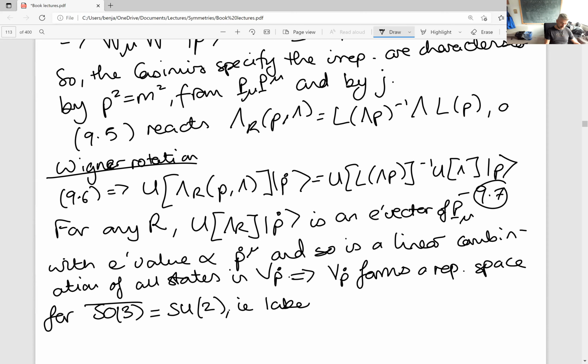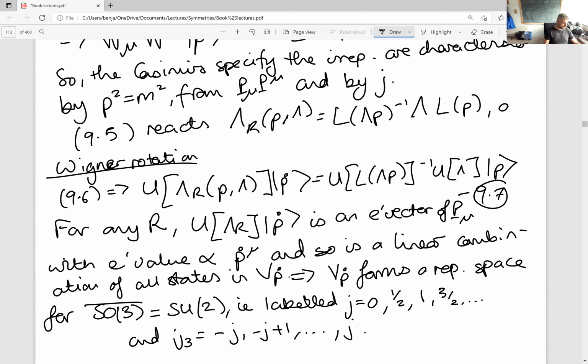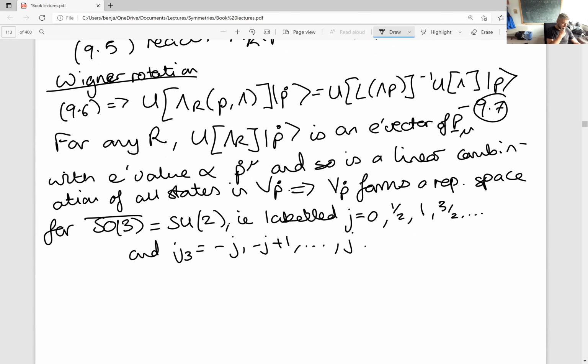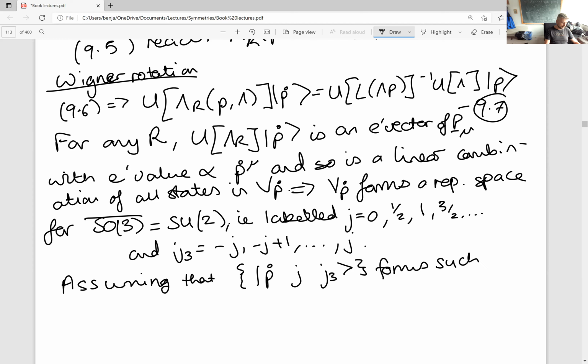I.e., they're labeled by J, as we know about these representations, of course: J is 0, 1/2, 1, 3/2, etc., and the third component of the spin between minus J and plus J. So assuming that the set of all of our states, which correspond to p dot and J3, forms such a space, which is also irreducible, that's our assumption.